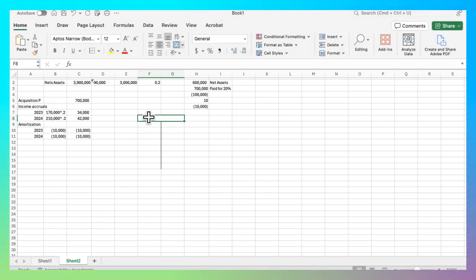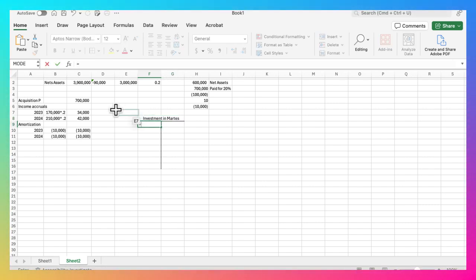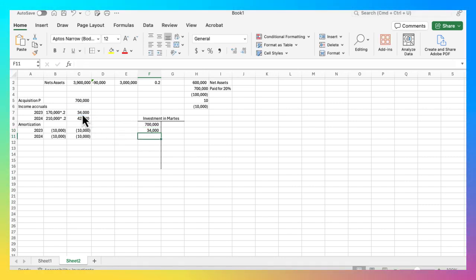We're buying Mart's. Investment in Mart. Okay. So right off the bat, our investment goes up by $700,000 because that's our initial investment, right? Net income increases our investment in Mart's, okay?